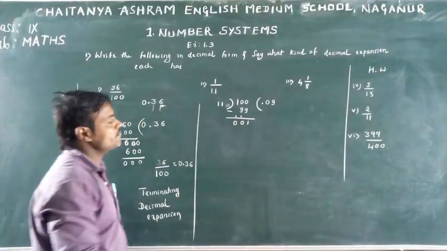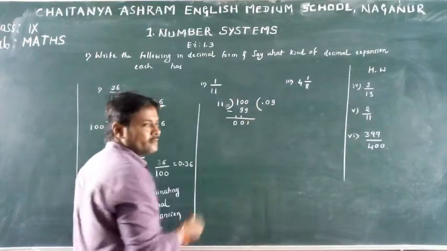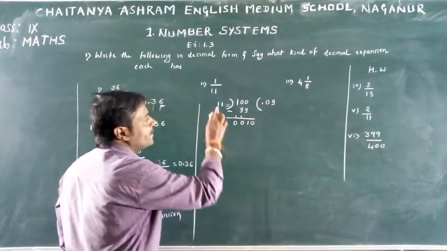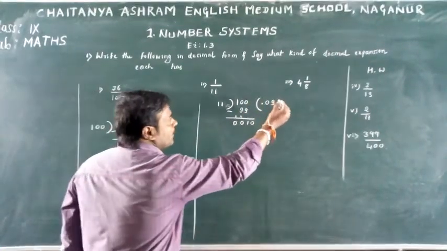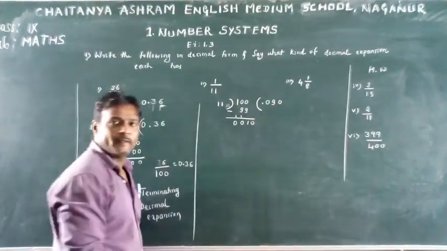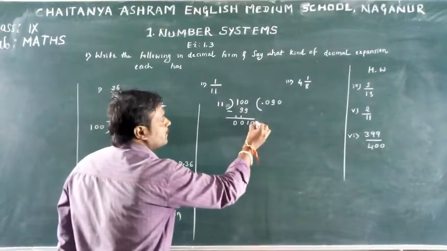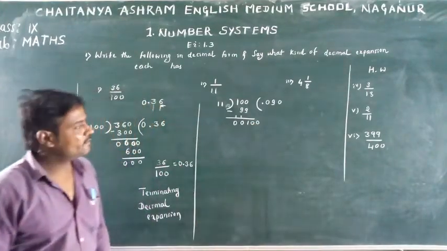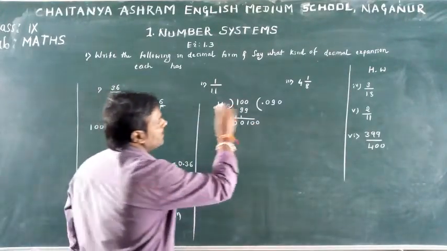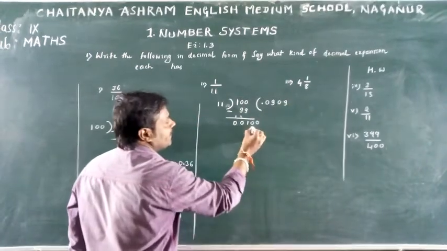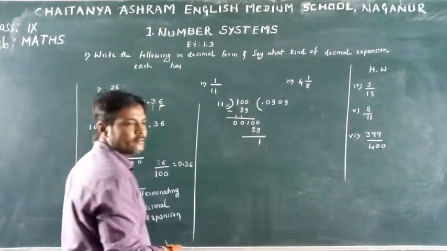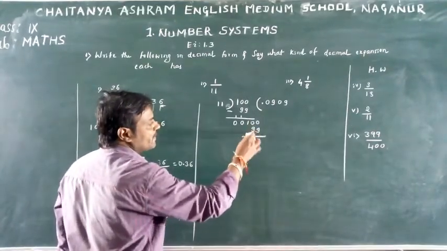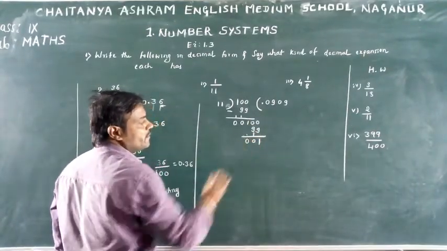Again there is a decimal, write 0. Again it is smaller than this. So no problem, write one more 0 in the quotient, write one more 0 in the new dividend. Again it is 11 9 ja 99. 10 minus 9 is 1, carry 1, 10 minus 10 is 0.